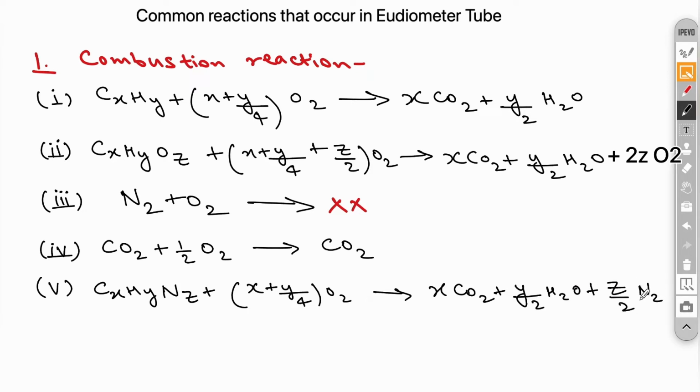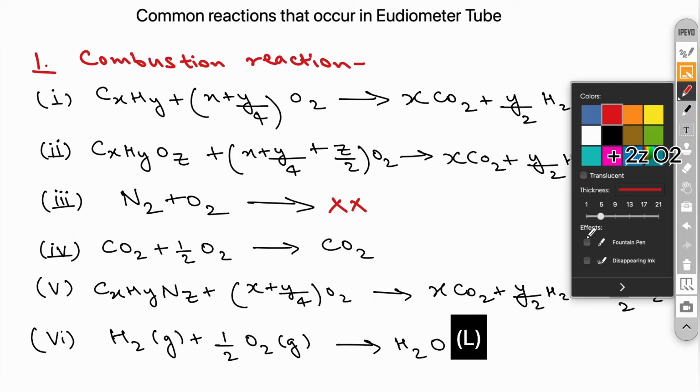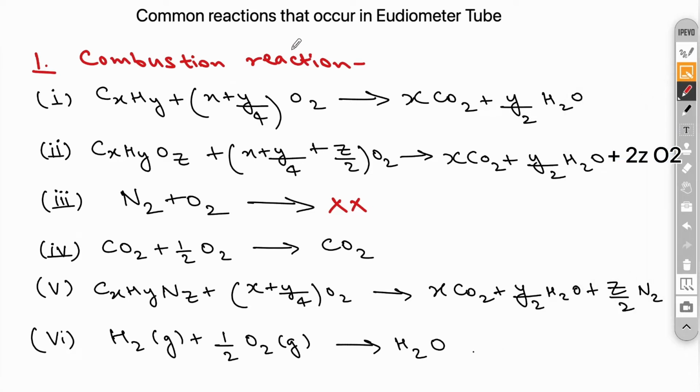This reaction is very similar to the second one. The sixth type of reaction is H2 in gaseous state combined with half of O2 in gaseous state giving us H2O in liquid state. So these are common reactions that occur in a Eudiometer tube, which are part of combustion reactions.